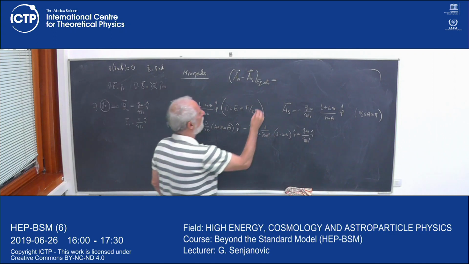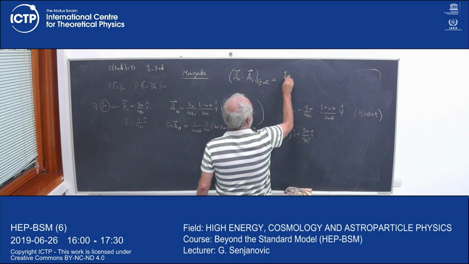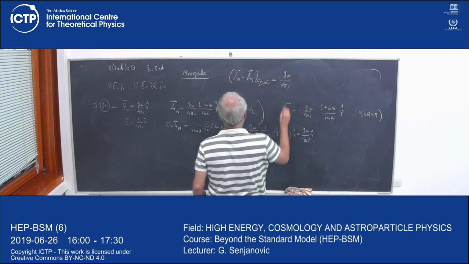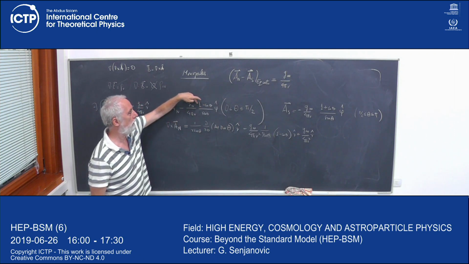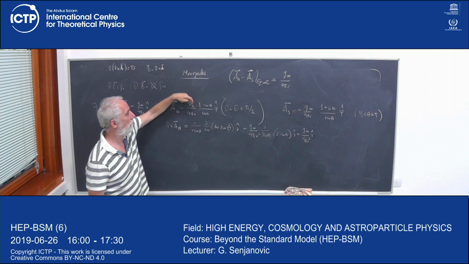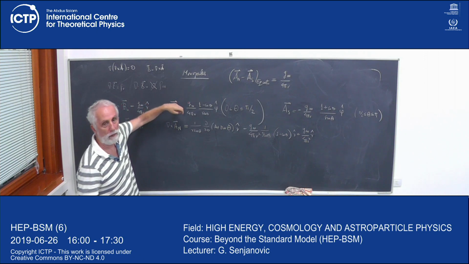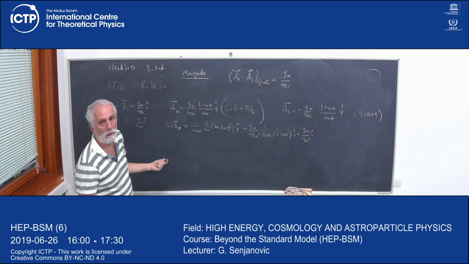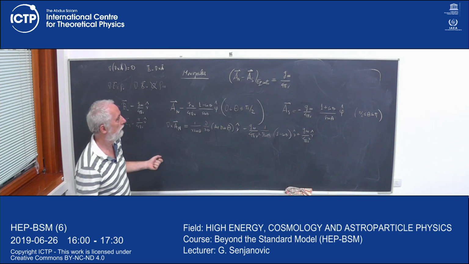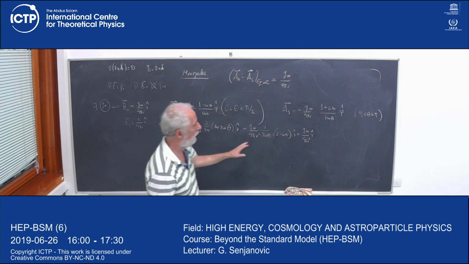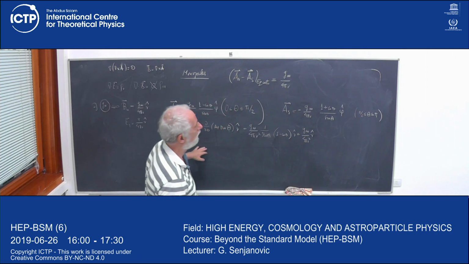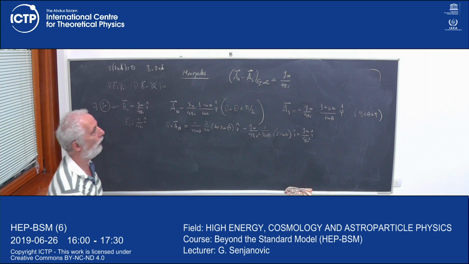So let's do, I will get Gm over 4 pi r. Let me see, the first piece is, when theta is pi over 2, this is 1. No, no, this is correct. No difference. 2 times the difference. Where was the factor? There was no factor of 2. No, it's okay.